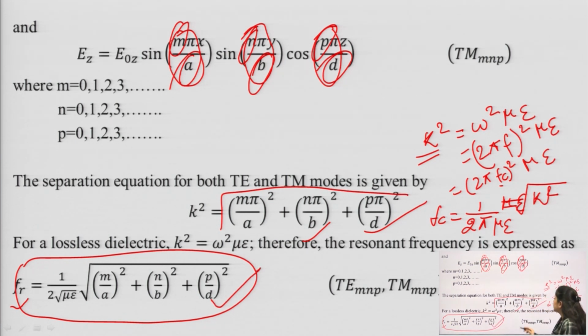So, this is 1, this here, and π we take as common, and that will get cancelled here, and we will get this expression as the resonant frequency for the TE and TM modes, both, of the rectangular cavity resonator.